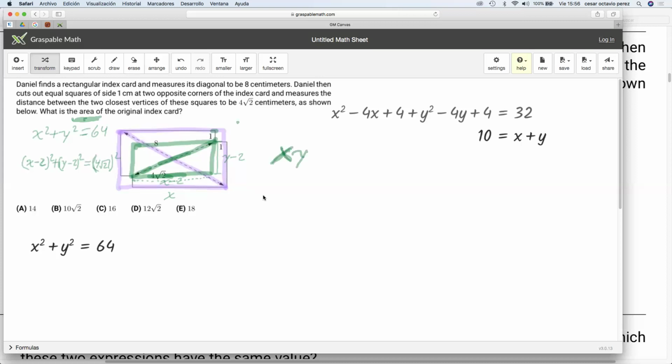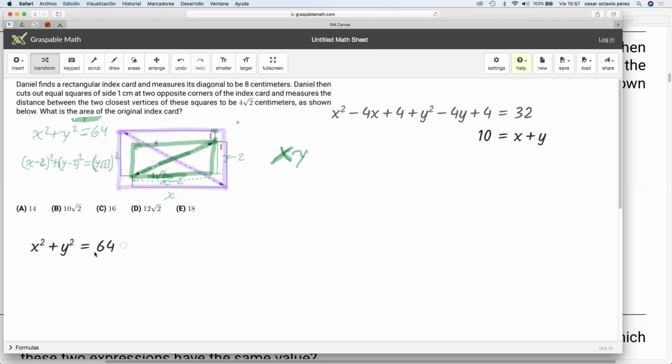How can we get that? By using x squared plus y squared equals 64. How are we going to use this? Yes, that is important, but sometimes we need to work a little more.